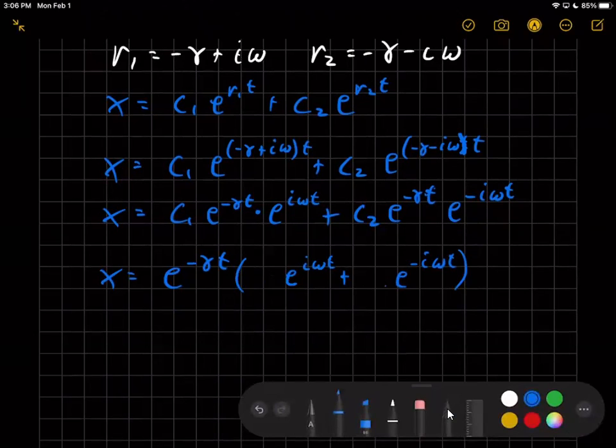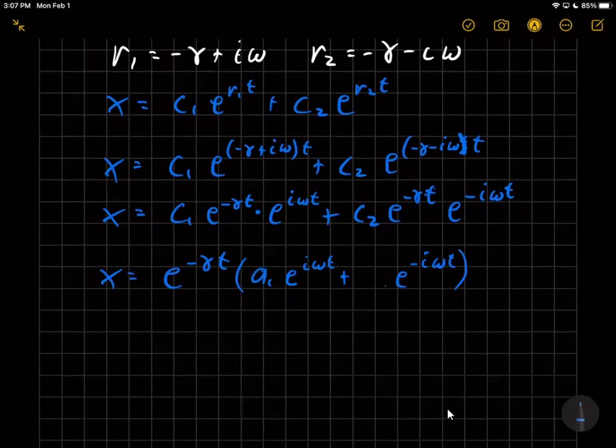So I'm just going to call those A1 and A2 at this point, because if you look at what we have for Euler's equation, we could then rewrite that as x equals e to the negative gamma t times (C1 cosine omega t plus C2 sine omega t).